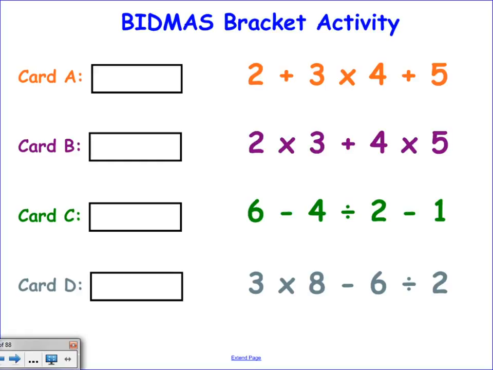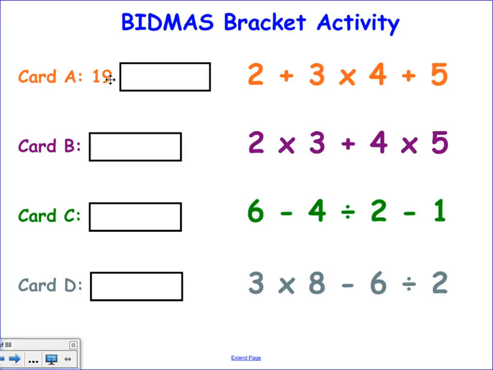Do you want me to talk you through the first one? Do you want me to give you the first one for nothing? So, for example, on card A, I want you to put some brackets onto this to give me the value of 19. Okay? So how do I get 19 from that? Just to show you how it works, brilliant, they've got it here.